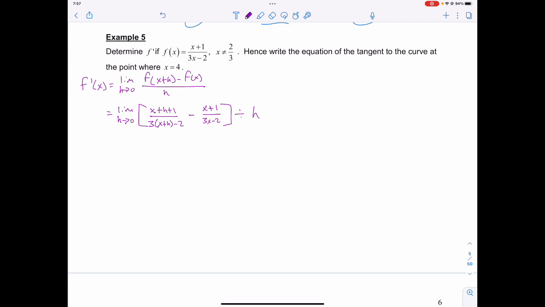Now, when I do this, I need to put them over a common denominator. So what I'm going to do is I'm going to say that I have limit as h approaches 0 of x plus h plus 1 over 3x plus 3h minus 2 and x plus 1 over 3x minus 2.